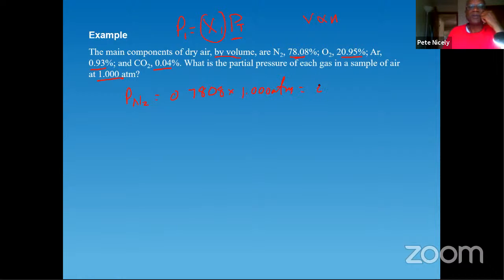This will give you 0.7808 atmospheres. We do the same calculation for oxygen, which is 0.2095 times 1.000 atmospheres.